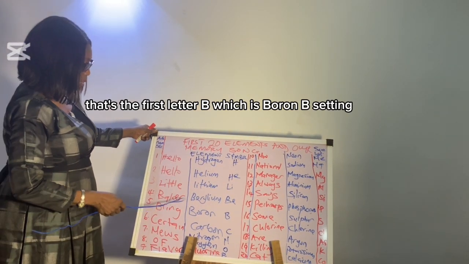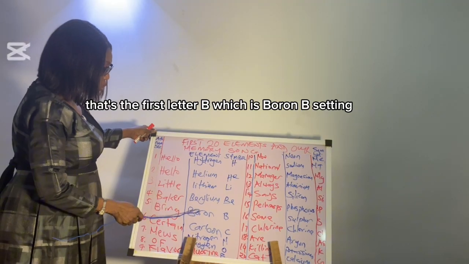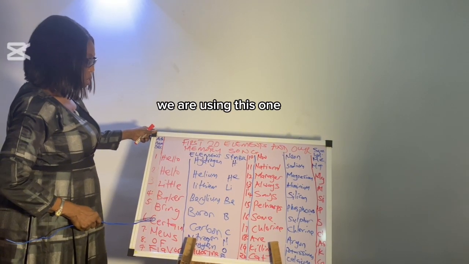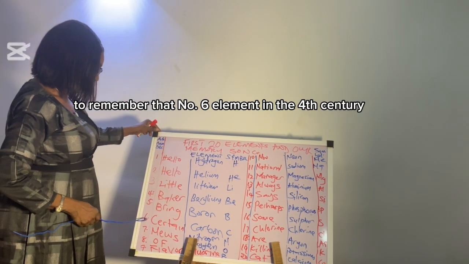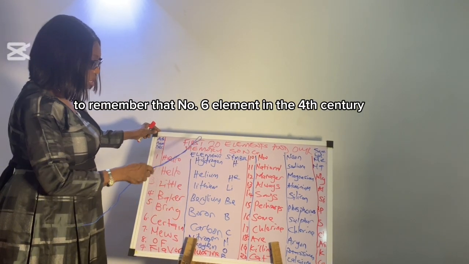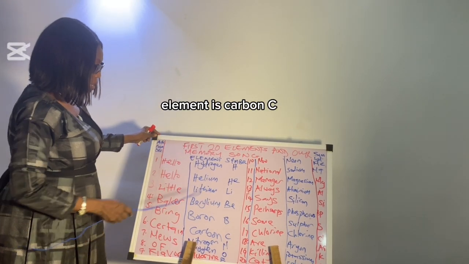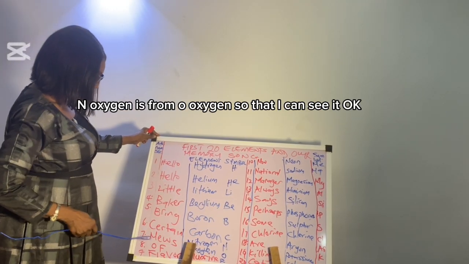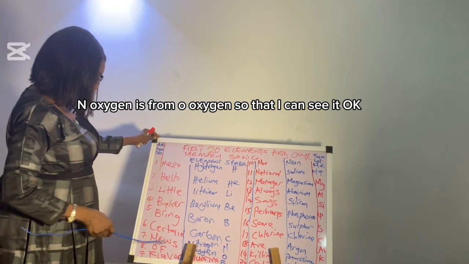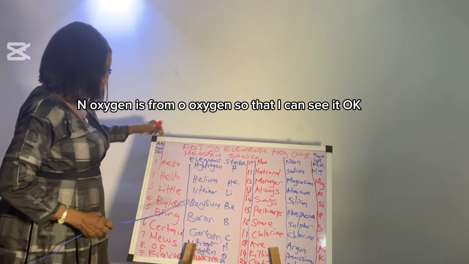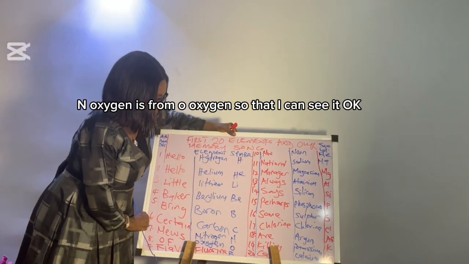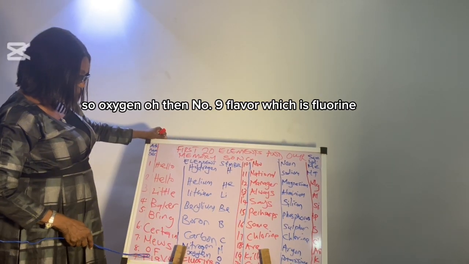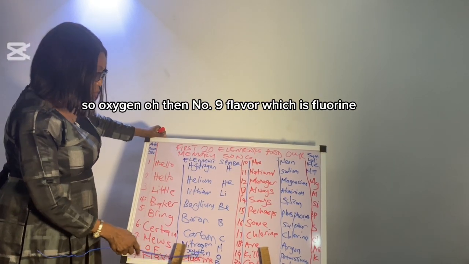Bring, that's the first letter B, which is boron, B. Certain, C there, we are using this to remember that the number 6 element in the first 20 elements is carbon, C. Then we have news, nitrogen, N. Oxygen is from O. So oxygen, O. Then number 9, flavor, which is fluorine.